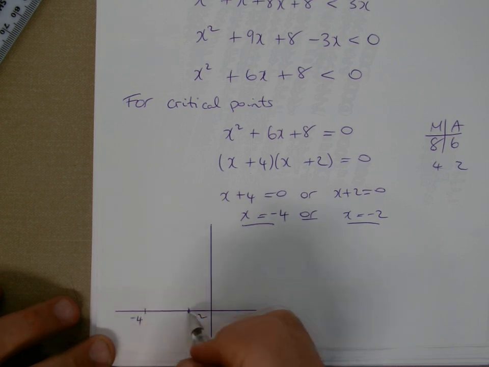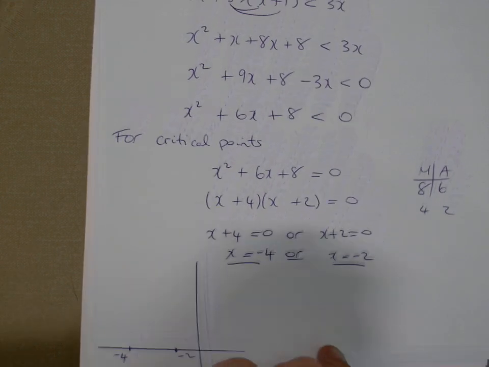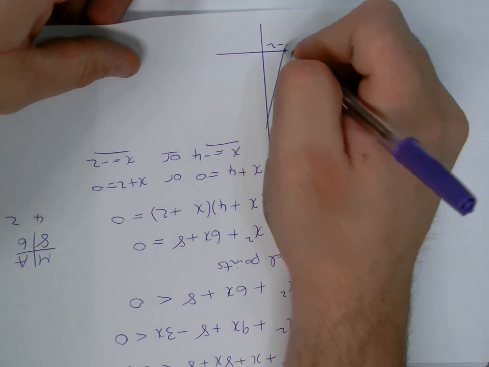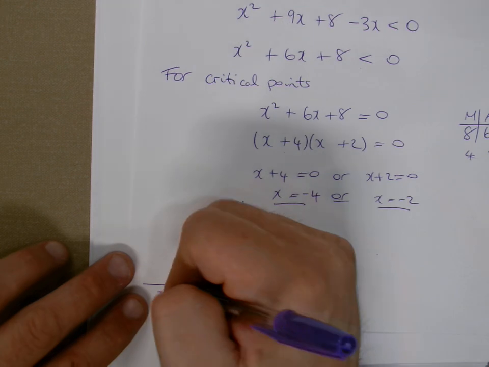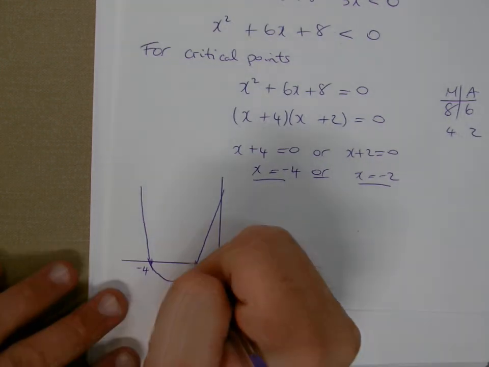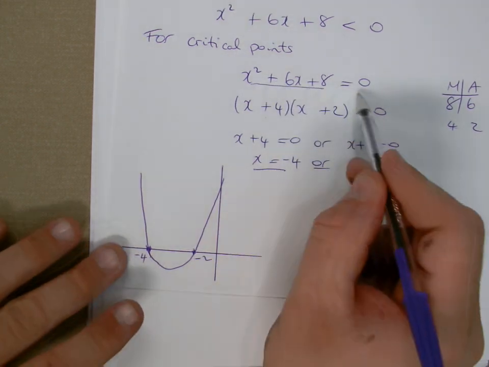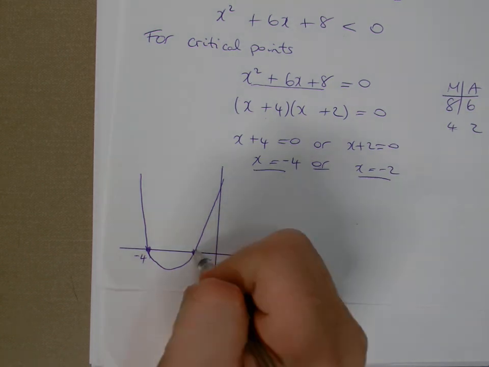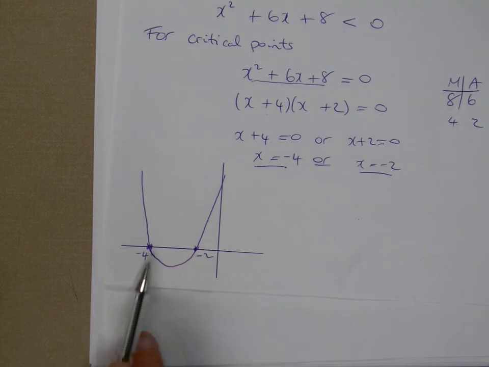So that's where the quadratic is equal to 0. So let's draw the smiley face, the quadratic. Let's turn it around just because it's easier to draw there. And we're going to have it going through those 2 points there. Okay, that'll do it. So this is where we've got our curve, our parabola, equal to 0. So it's equal to 0 at these 2 points where we solved it, at -2 and -4.